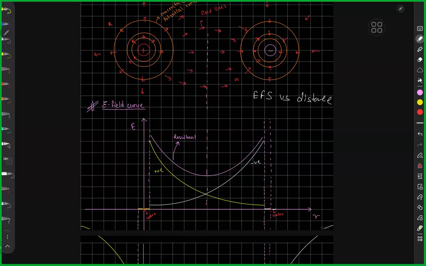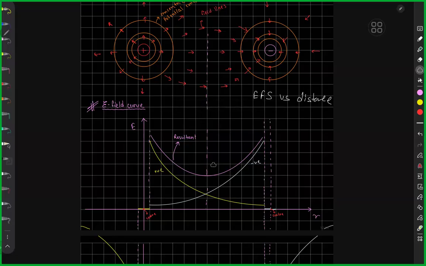And this represents what force a positive charge would feel if it was directly in between the charges, this close to the negative charge, this close to the positive charge, or any separation. Sir, is this the electric potential against distance graph or electric field strength?